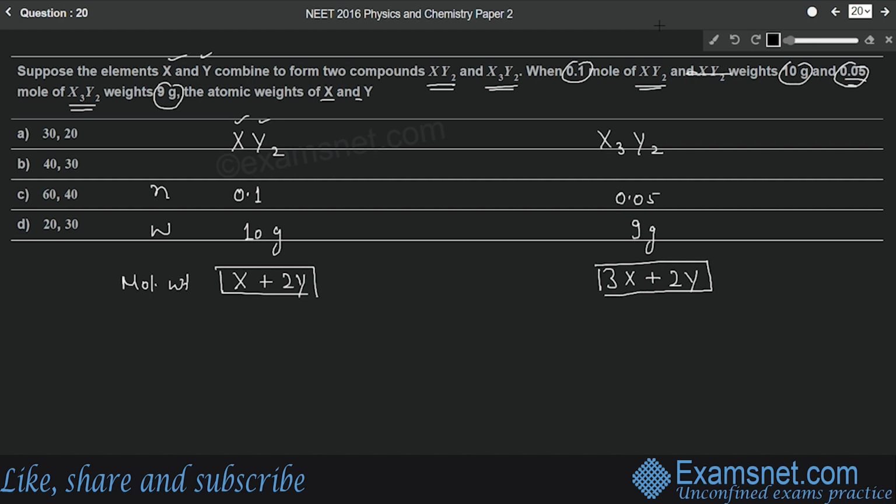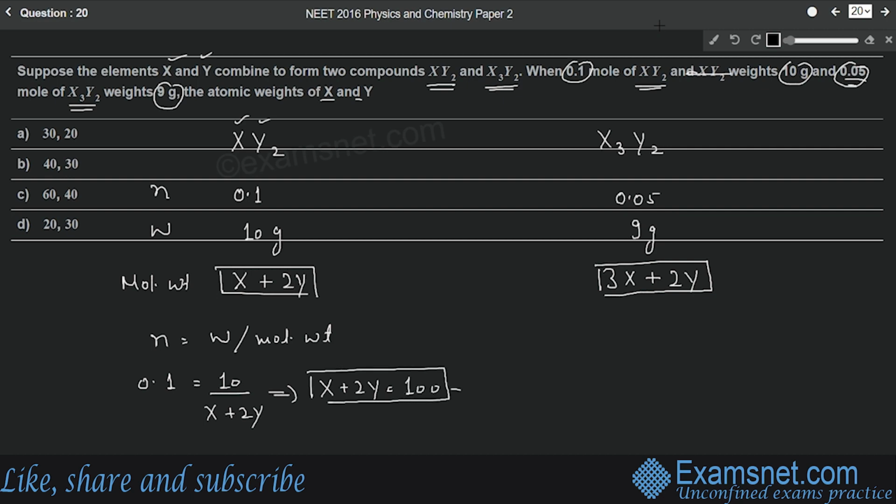Now, we know that the number of moles is equal to given weight upon molecular weight. Okay, so number of moles 0.1 is equal to given weight, that is 10, divided by molecular weight, that is X plus 2Y. Now using this we can say that X plus 2Y will be equal to 10 divided by 0.1, that is 100. Okay, so let's say this is equation number 1.